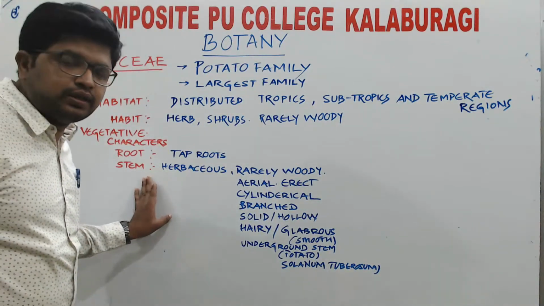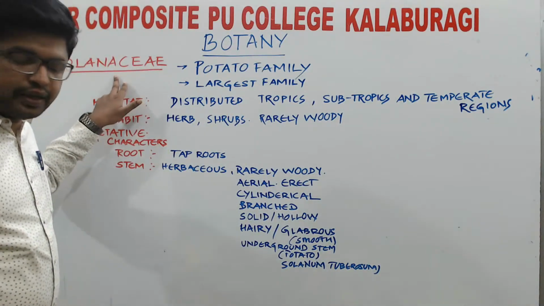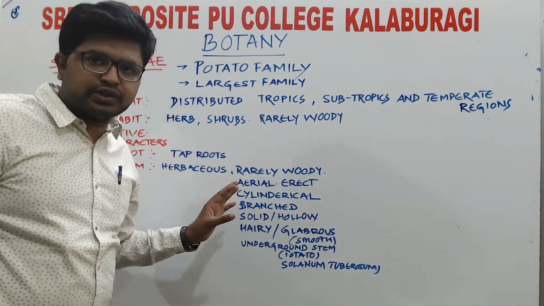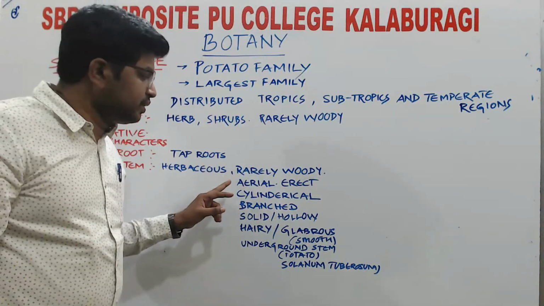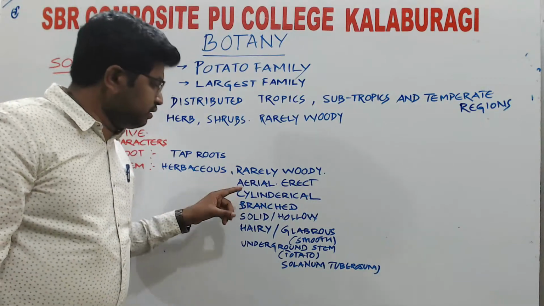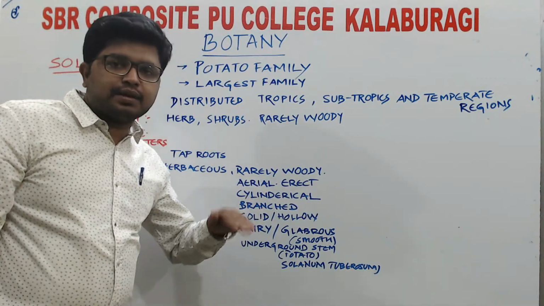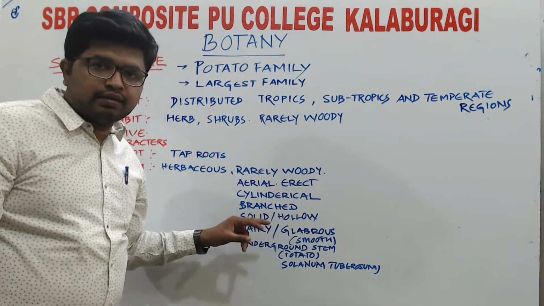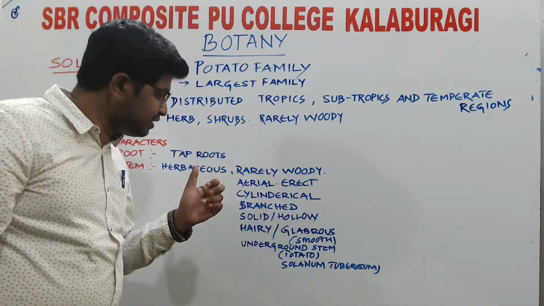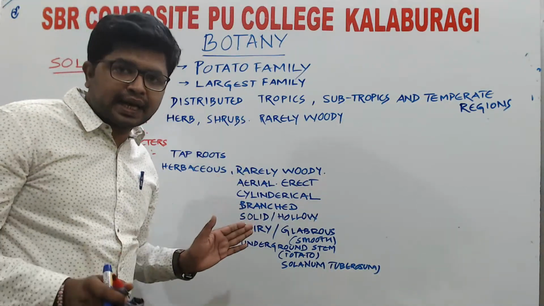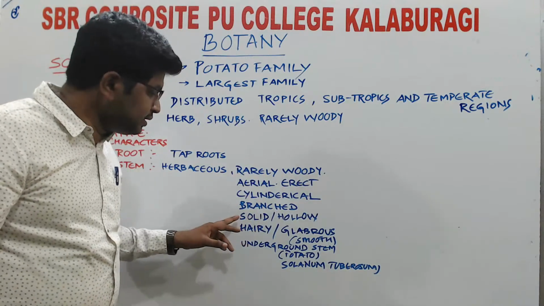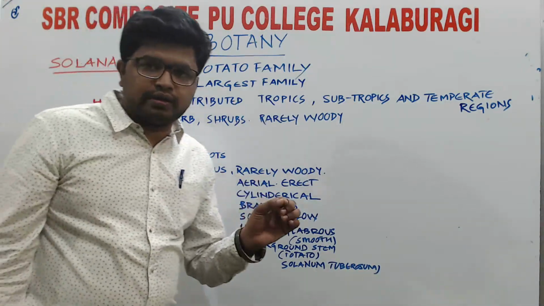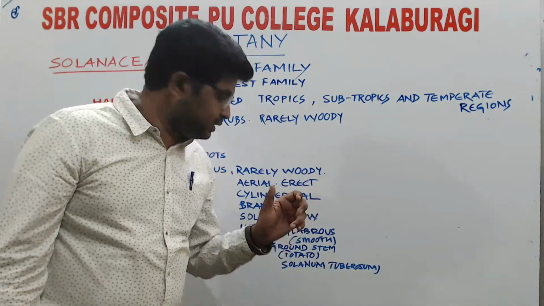The stems seen in the Solanaceae family are often herbaceous, meaning tender. It will be aerial, meaning above the ground. It will be erect, and the shape of the stem will be cylindrical, and it is often branched. Branching will be seen. And solid, meaning the entire stem may be solid, filled with all the metabolites.